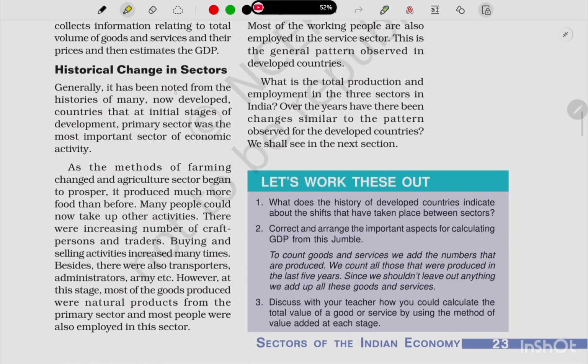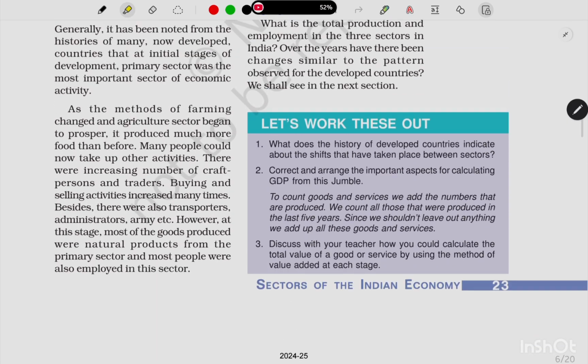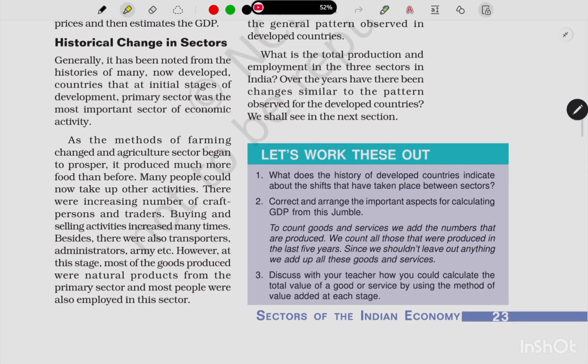Okay, and historical change in the sectors. Generally, it had been noted from the histories of many now developed countries that at initial stages of development, the primary sector was the most important sector of economic activities. Now as the methods of farming changed and the agriculture sector began to prosper, it produced much more food than before.